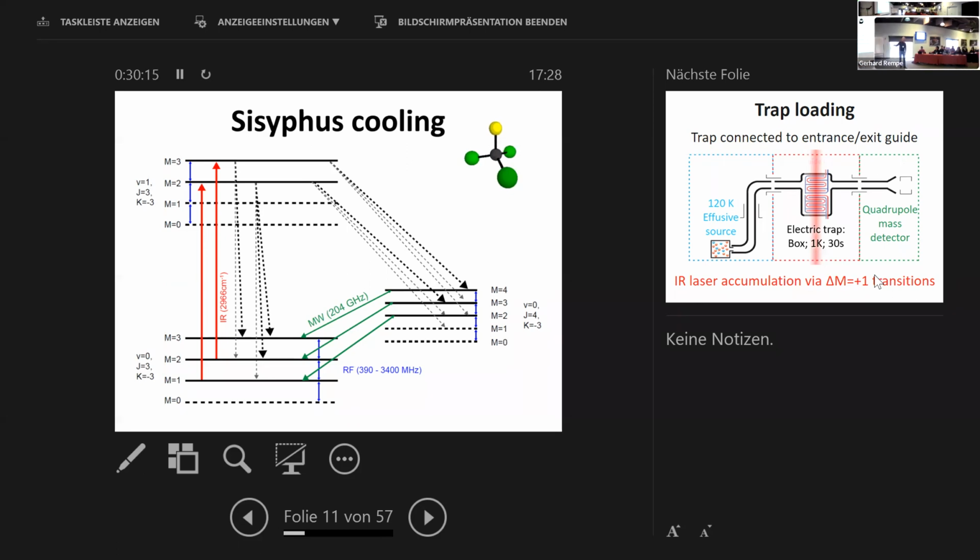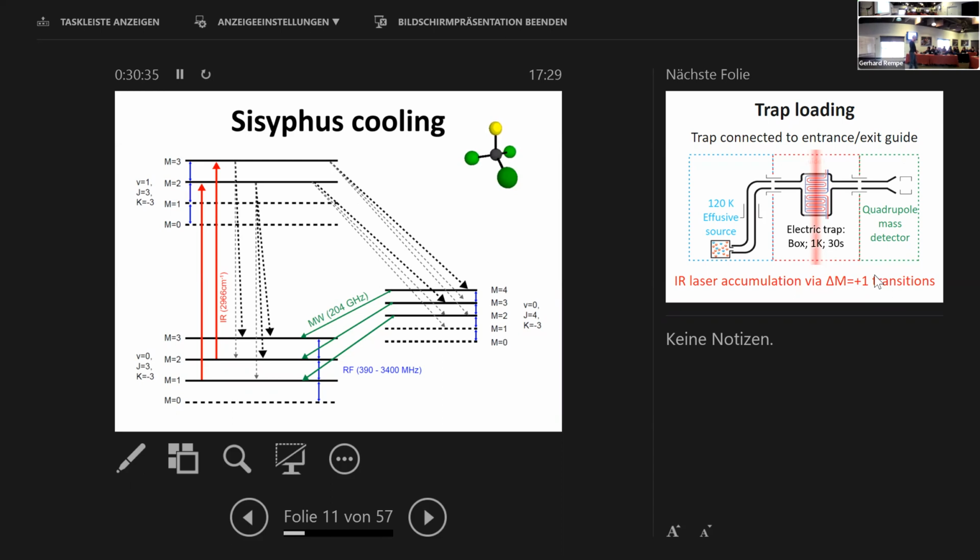And then there are some leaky channels, a little bit of leaky channels, but the Clebsch-Gordan coefficients from, let's say, this state, for example, or that state, into a lower M state is very small and neglected. What does it mean, neglected?